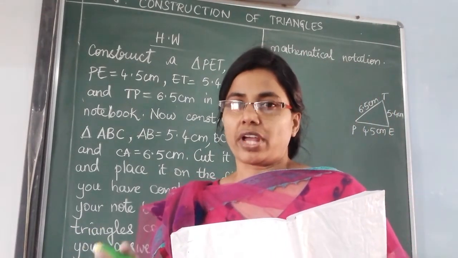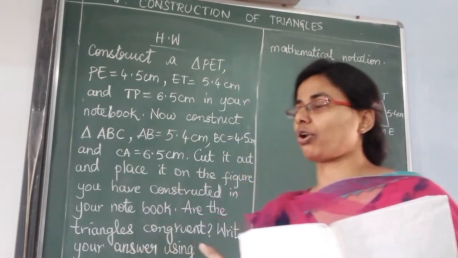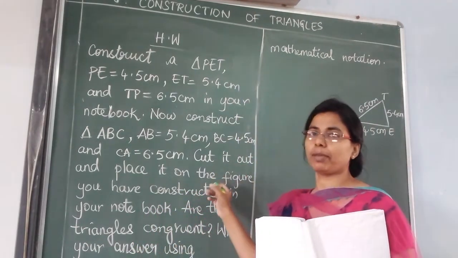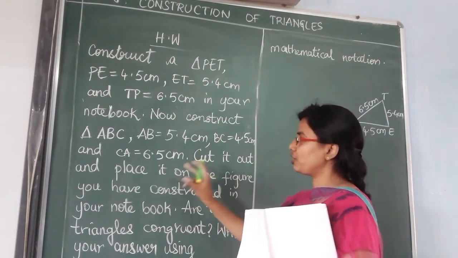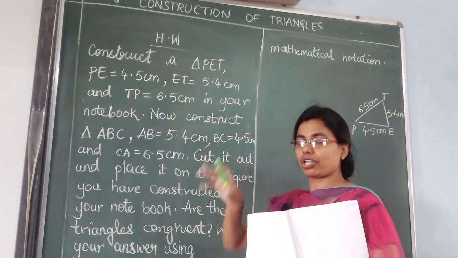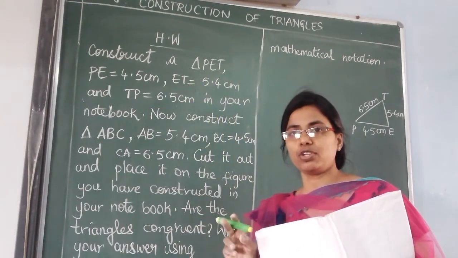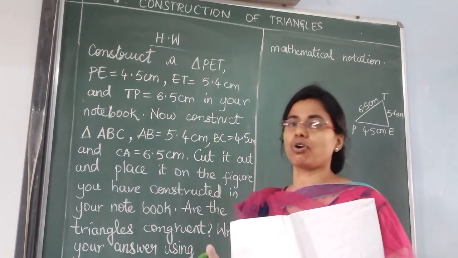Okay. Now write all the 5 steps of construction and then draw the other triangle on a piece of paper. Cut that triangle ABC and place it on triangle PET. After construction, whatever shape you are getting, place it over that and see if they are congruent or not. What is the meaning of congruent?